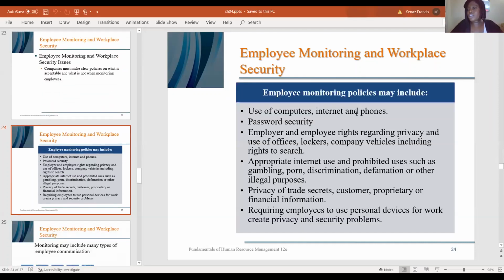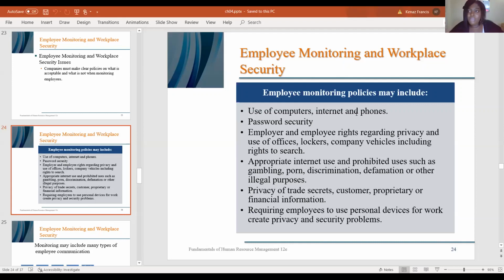Right, so the monitoring policies may include things like the use of the computer, internet, phones, password security, employee rights regarding privacy, and use of offices, lockers, company vehicles, rights to search, appropriate internet use, and prohibited uses such as gambling, porn, discrimination, defamation, or other illegal purposes. Privacy of trade secrets, customer, proprietary, or financial information.